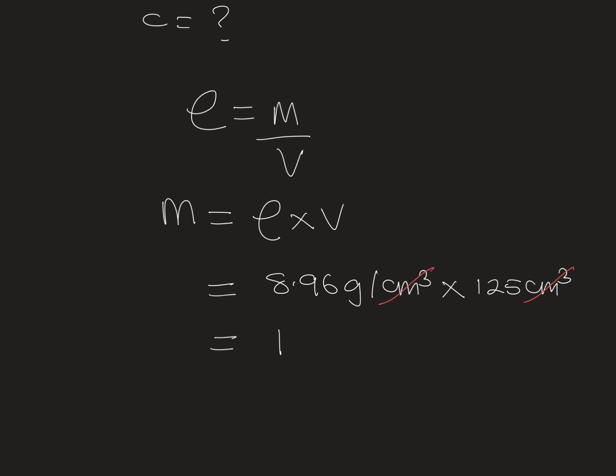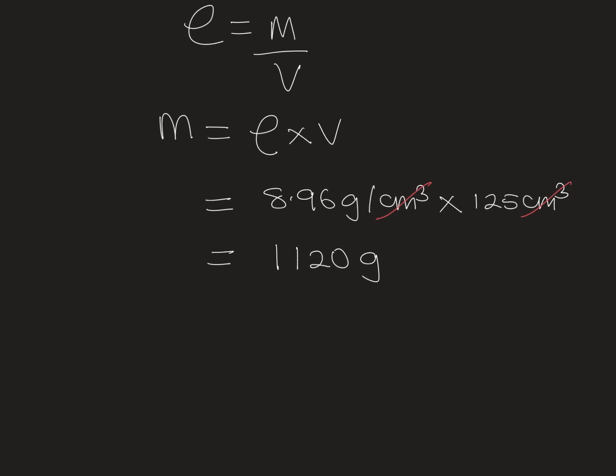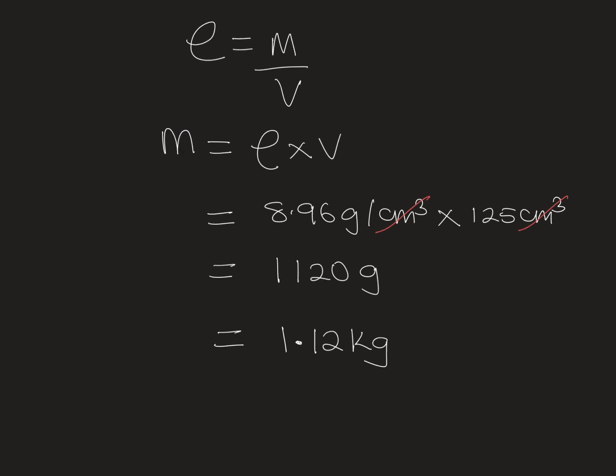That is 1,120 grams. So if I want to convert that to kilograms, I will divide it by 1,000. If you divide that by 1,000, you have 1.12 kilograms. So that is the mass in kilograms.